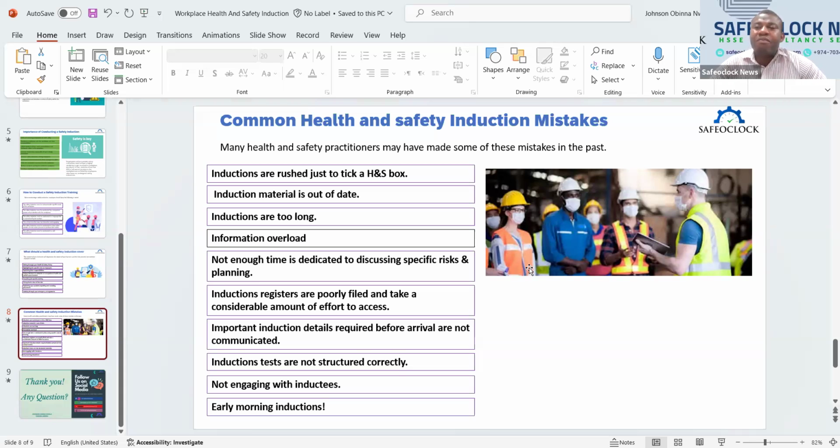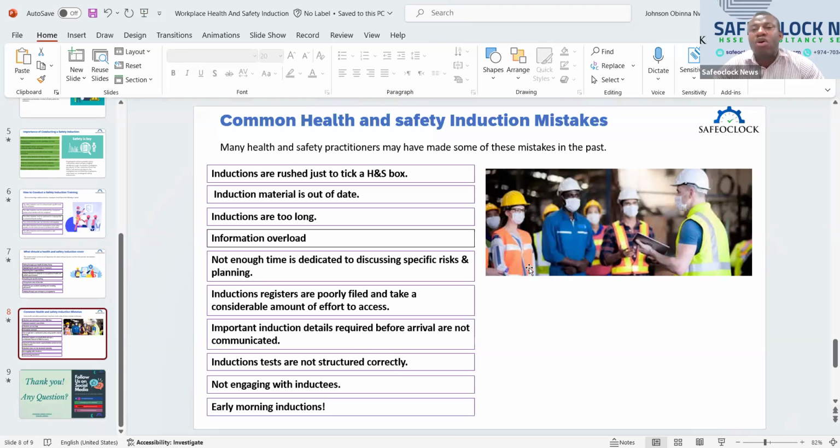Your organization has mandatory personal protective equipment, but you do not communicate this to the staff or workers so that they will be fully prepared and aware of what they require to use in the workplace. So this is another mistake that some health and safety professionals make.